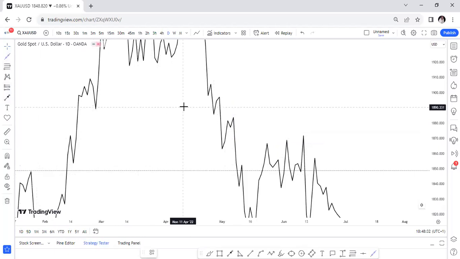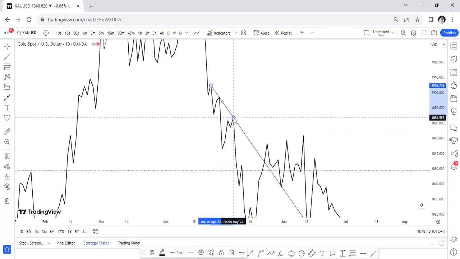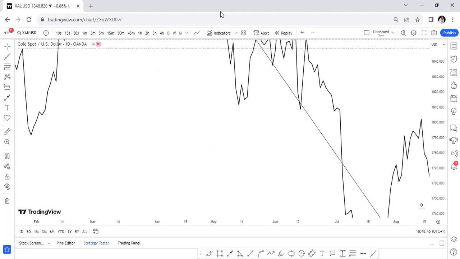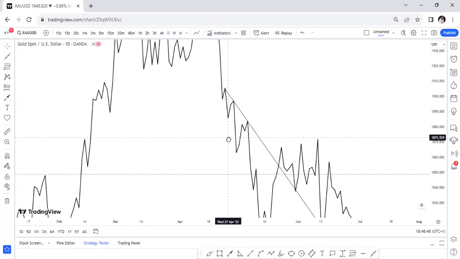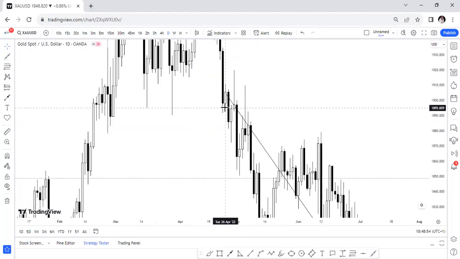One, two, three. So if we want to sell here, let's look if we get this in there.